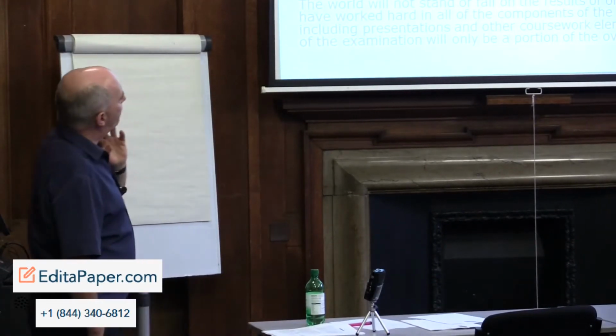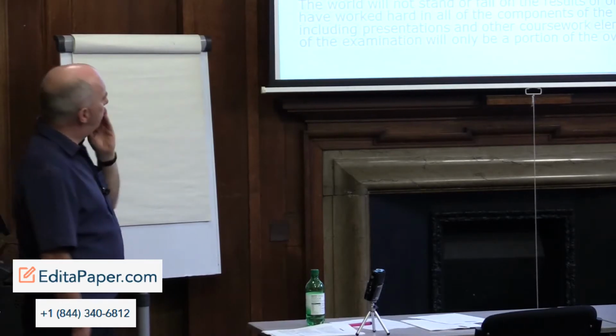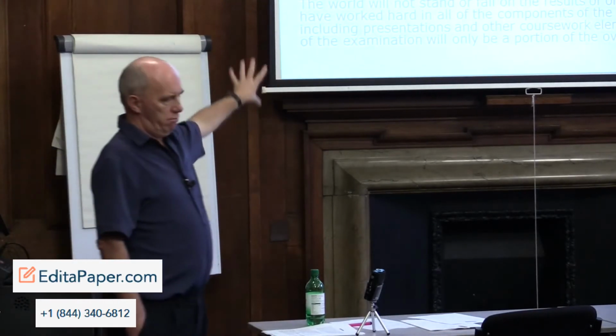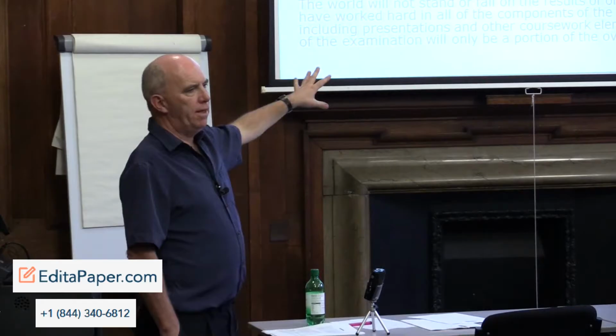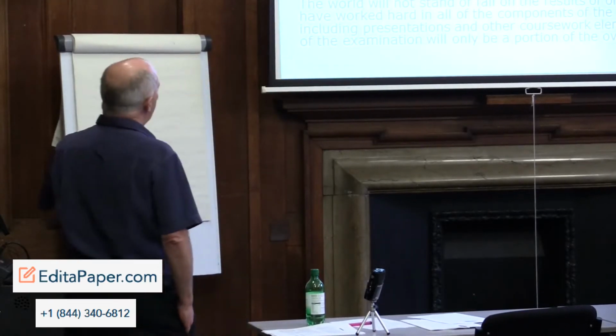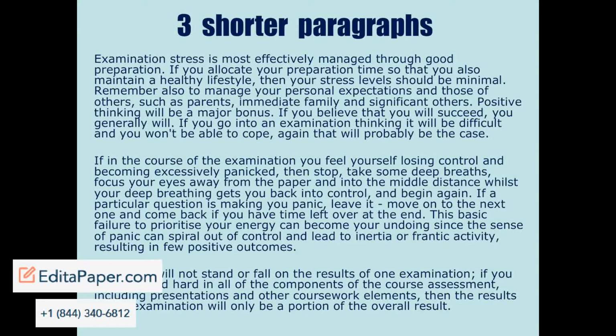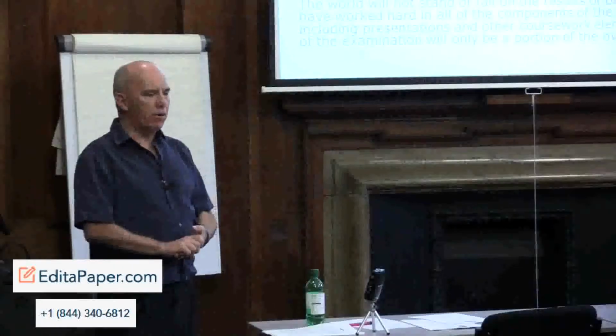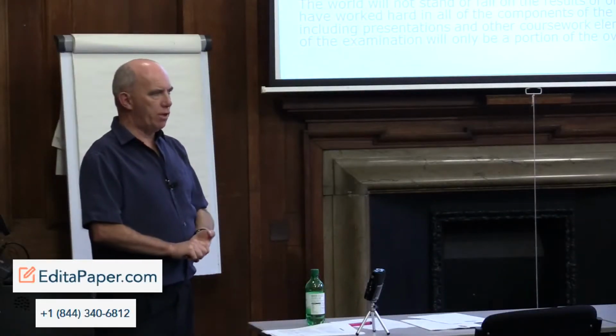And in fact, this text is not actually an academic text as such. But it is following the Teal system in the sense that the first sentence tells you what it's about. It's the topic. Examination stress is most effectively managed through good preparation. So the rest of the paragraphs follow that subject.